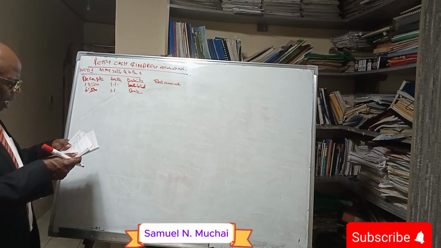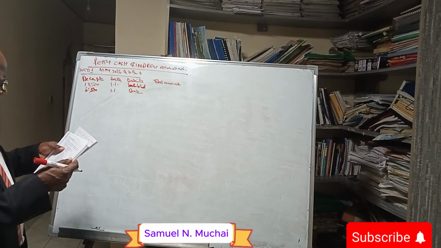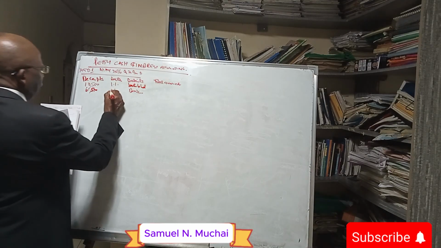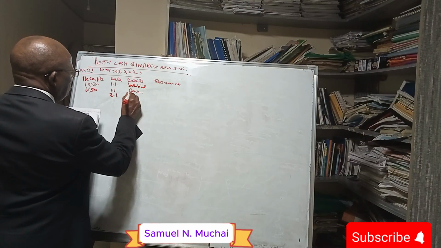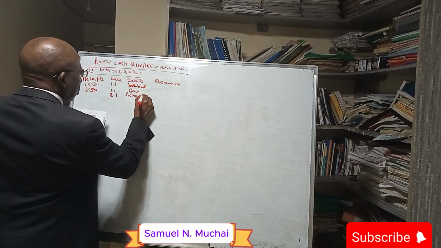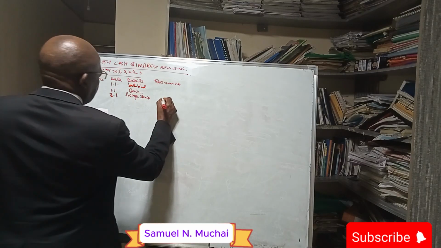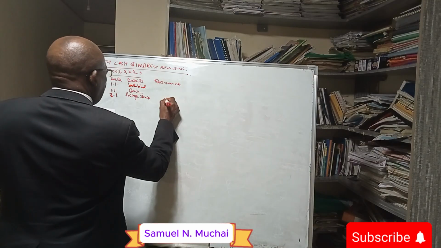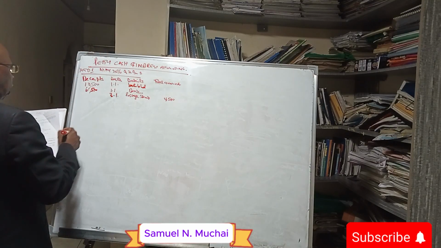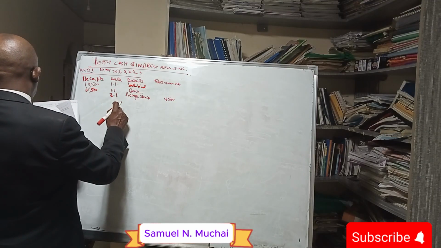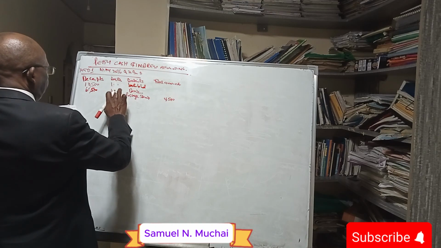Then we are told that on 3rd we bought postage stamps worth 4,500. All these are February.